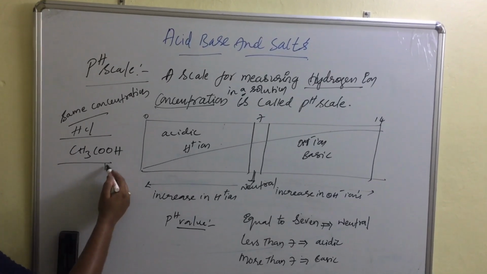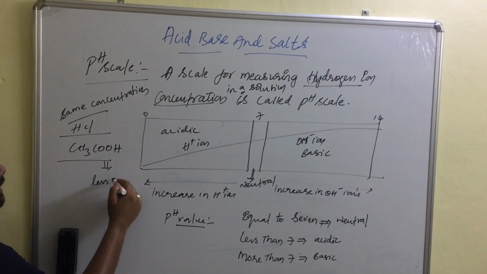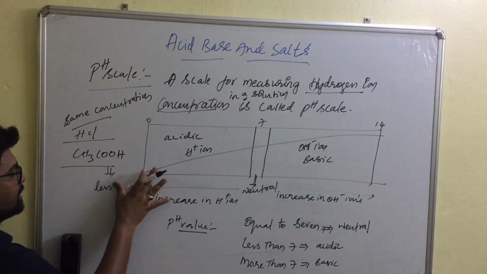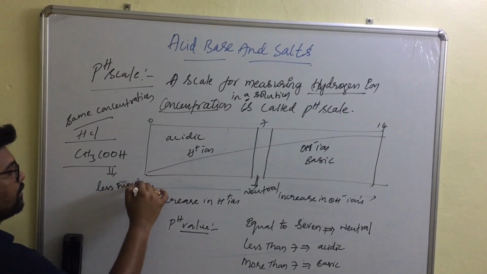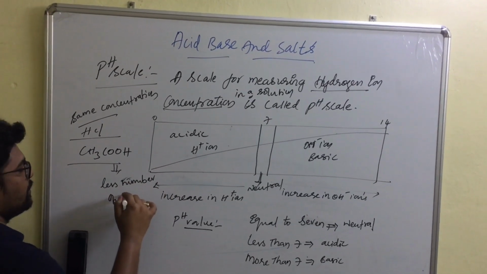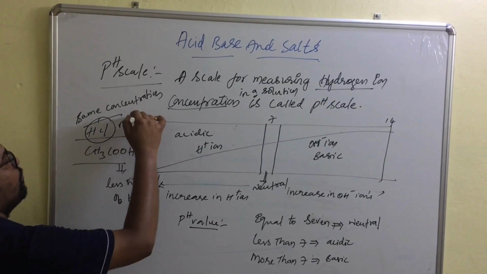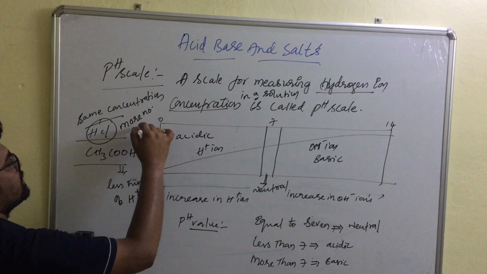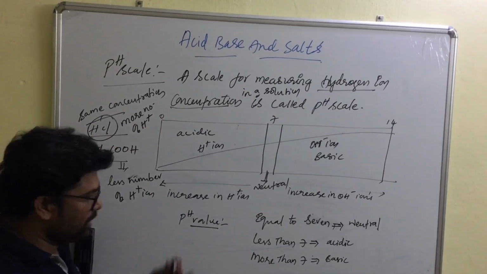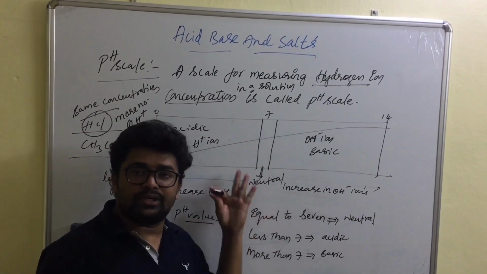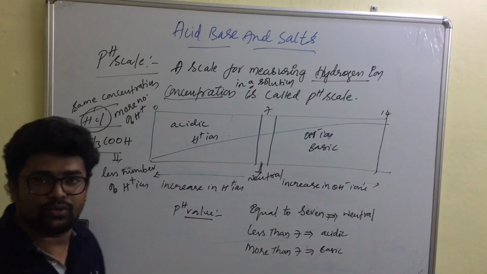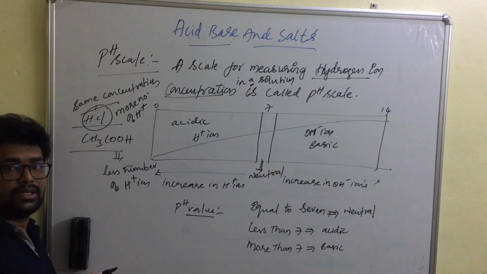You find that acetic acid has fewer H+ ions, and HCl has more H+ ions. So based on the presence of H+ ions in a solution, we decide whether it is strong or weak.